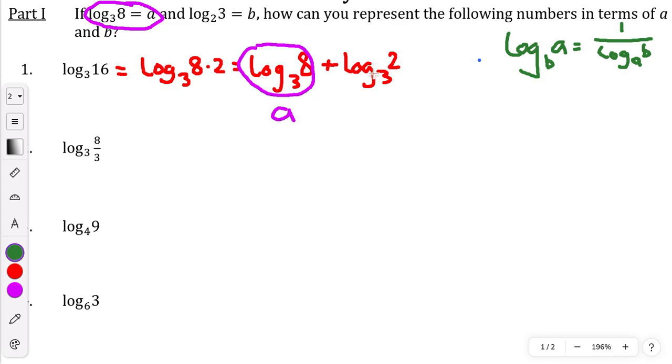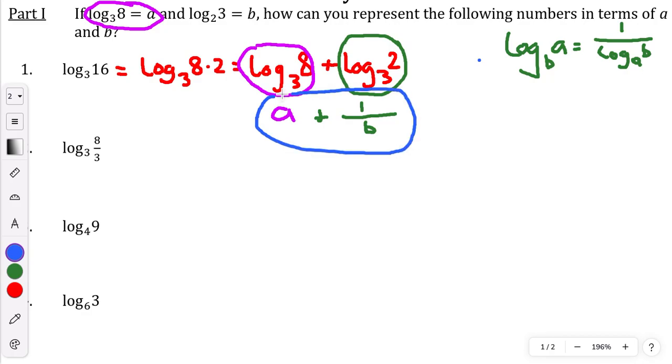So for us here, this right here can be written as 1 over b. And so now we're done. And that is the answer. We have this in terms of a and b. Or we could do a plus b to the negative 1 if you prefer.